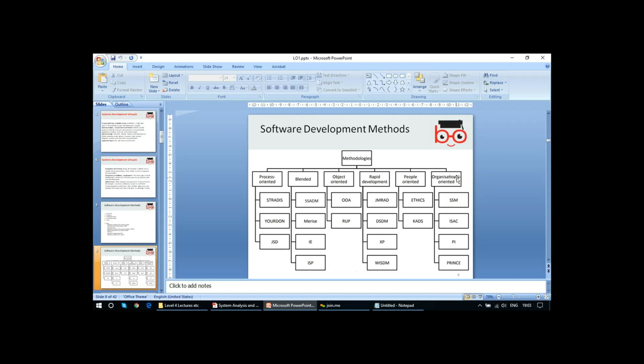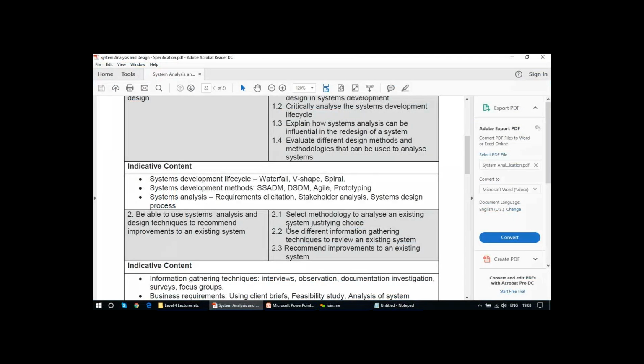Please make it clear that this is not an approved classification, but some of the writers say it in this way. For example, the methods we need to discuss, they have listed here: SSADM, DSDM, Agile, prototyping, waterfall, V-shape, and spiral. Just a touch on 5 or 6, right?